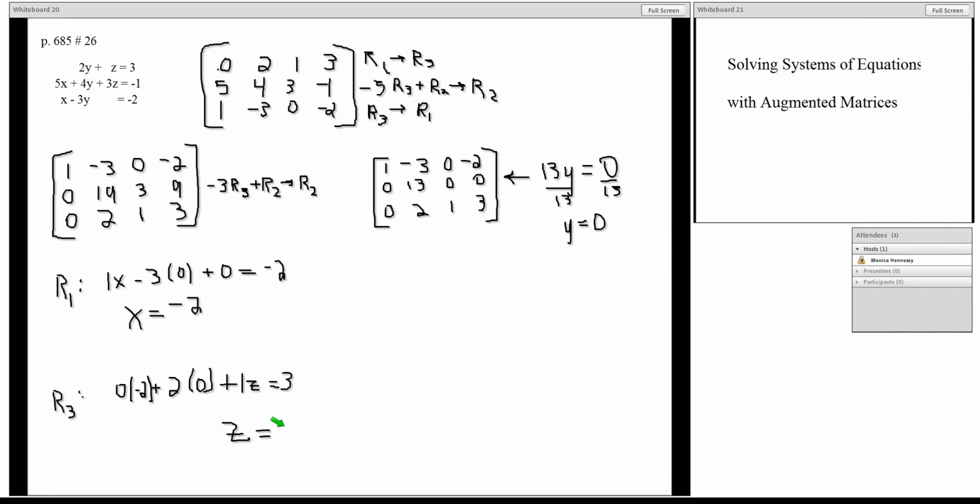So this is 0x plus 2 times 0, because that's my y. I don't need an x, I want 0 times negative 2. Since I know it, it's not going to change anything, but it looks better a little. Plus z, plus 1z.